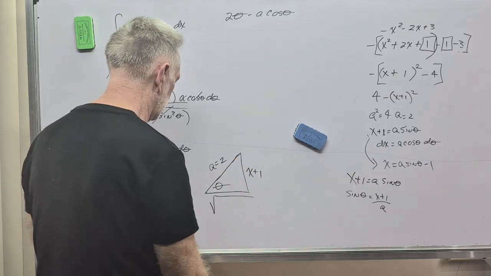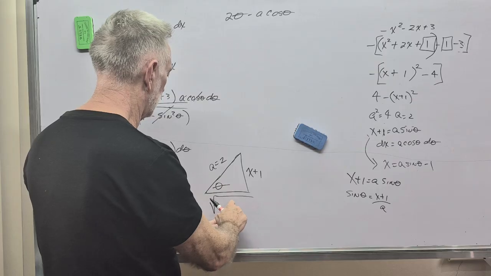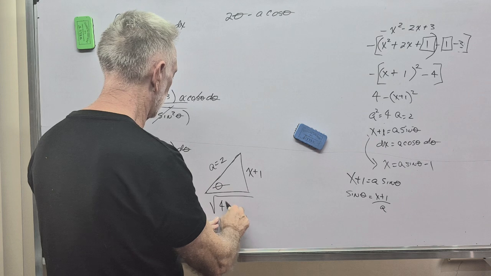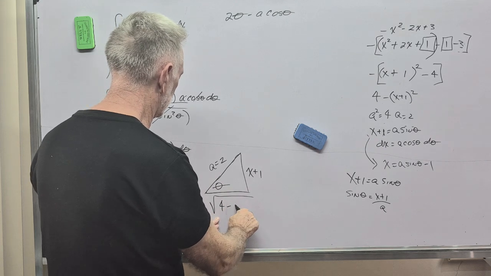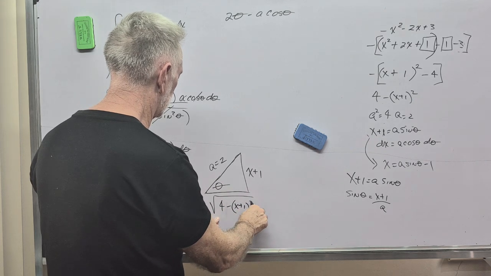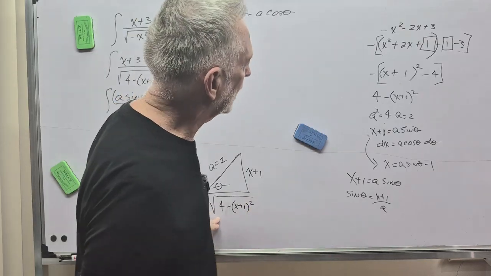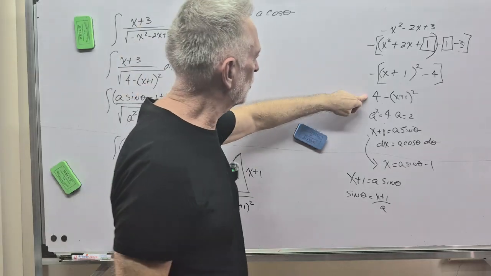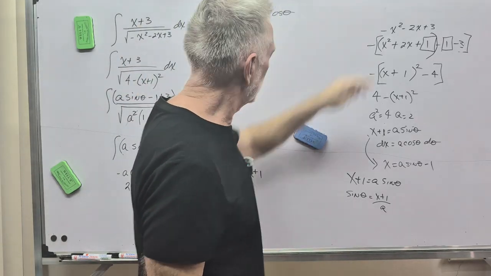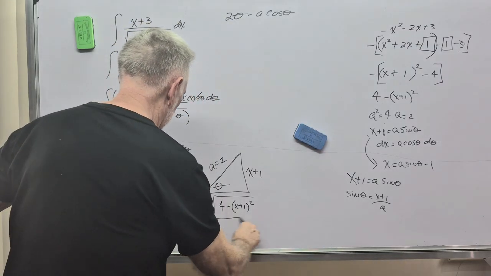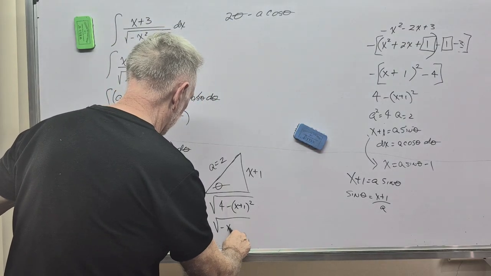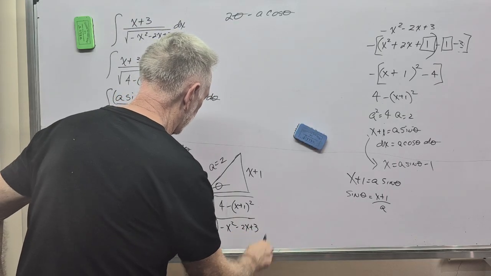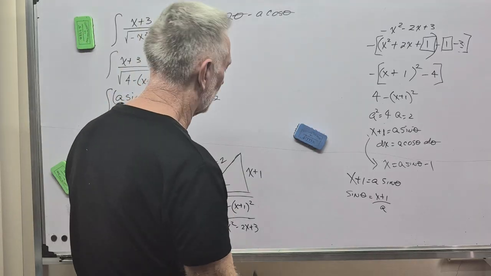So this side would be a squared minus this side squared. So I have a squared, which is 4, minus x plus 1 squared. Now we worked that earlier. So 4 minus x plus 1 squared was what? This term here. So that equals minus x squared minus 2x plus 3. And if you don't believe me, just FOIL it out.